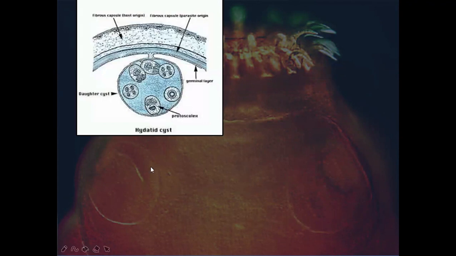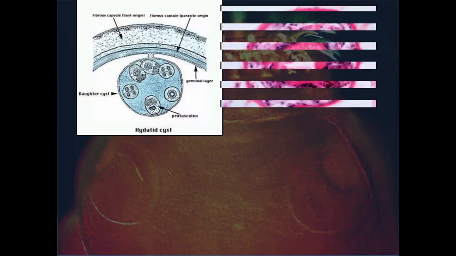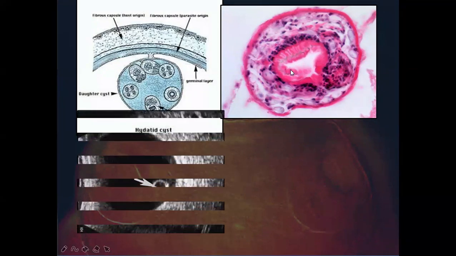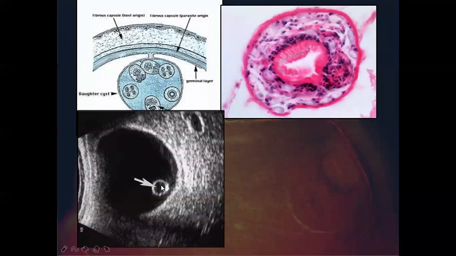Okay, so that is how your brood capsule would look with several daughter cysts which contain your protoscolex. Okay, an actual histologic picture of your protoscolex. Okay, ultrasound figure.